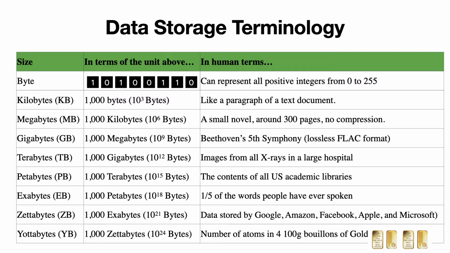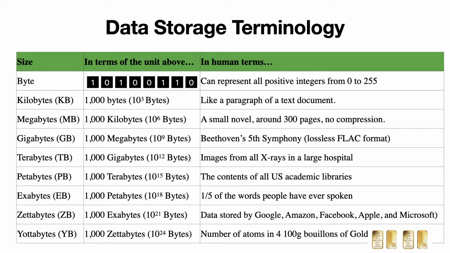From there we have exabytes, which is basically 1/5 of the words people have ever spoken. Zettabytes is basically the amount of data stored by the GAFAM companies, the biggest big tech companies: Google, Amazon, Facebook, Apple, and Microsoft. They are a little bit on top of 1 zettabyte.